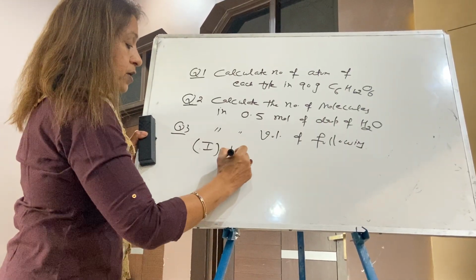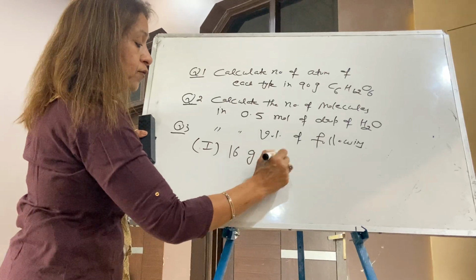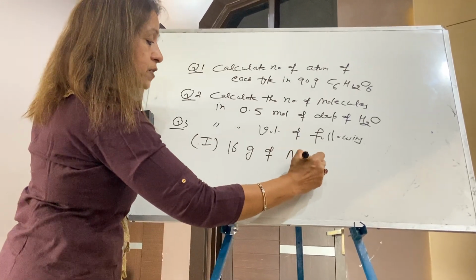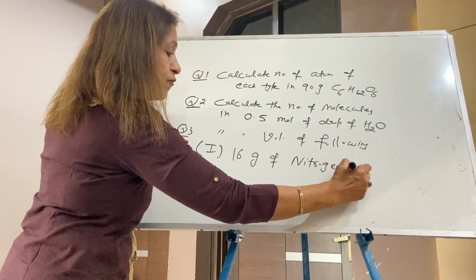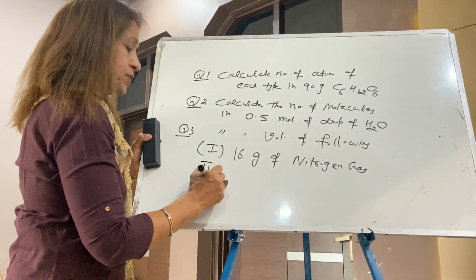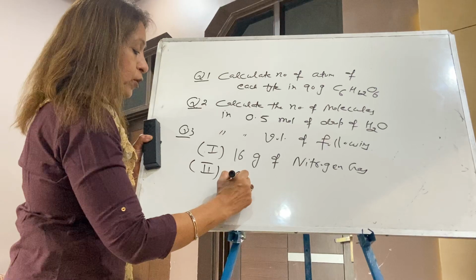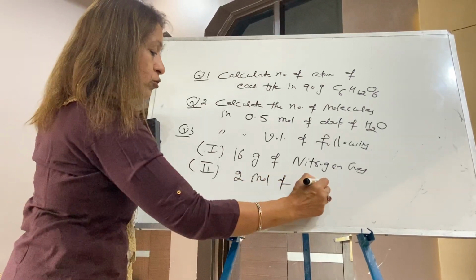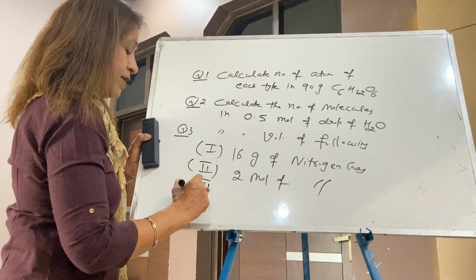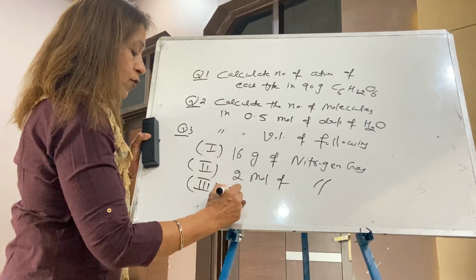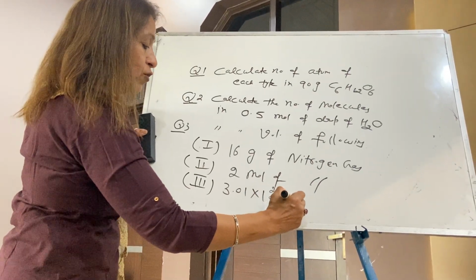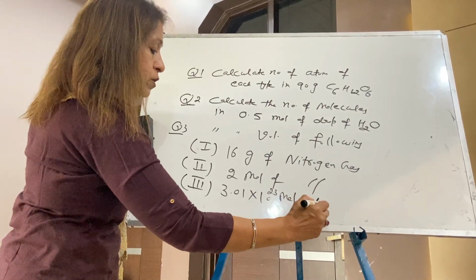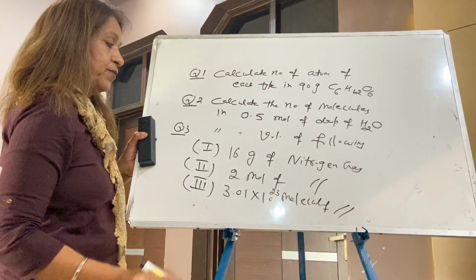First is 16 gram of nitrogen gas. Second part, calculate the volume of 2 mole of nitrogen gas. Third part, calculate the volume of 3.01 into 10 raised to power 23 molecules of nitrogen gas.